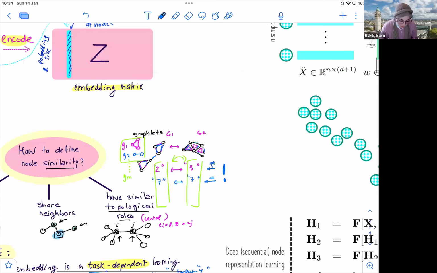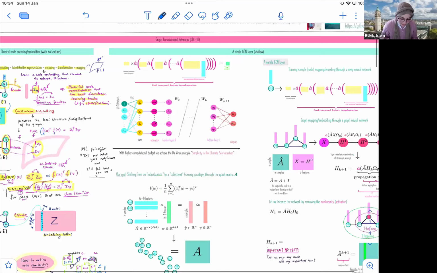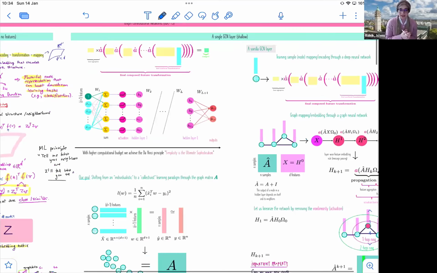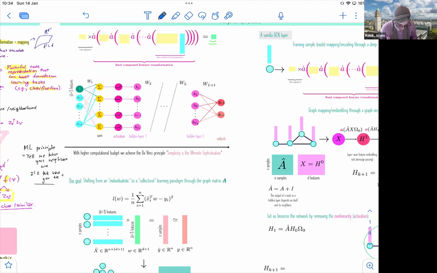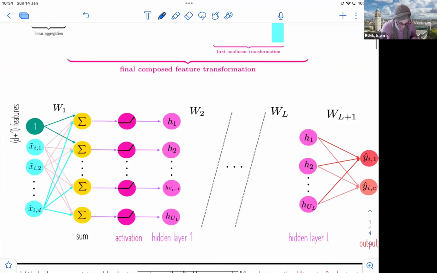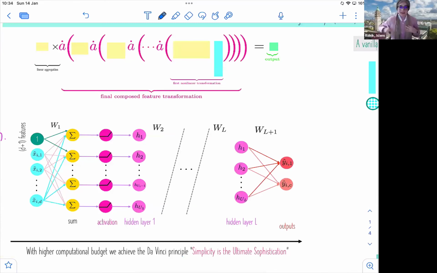Now I'm going to introduce the popular GCN network, which is a graph convolutional network, and we'll start with a simple layer. If you remember at the very beginning, we had a big overview giving the rationale behind deep neural networks.